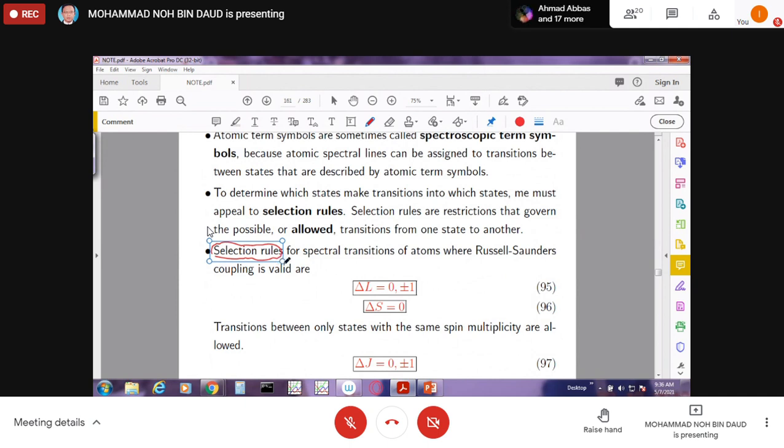Okay, using these rules. And these rules can also be determined quantum mechanically.